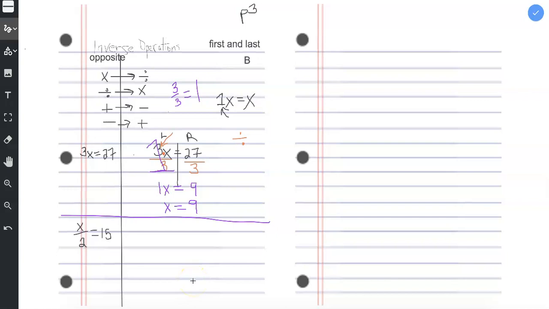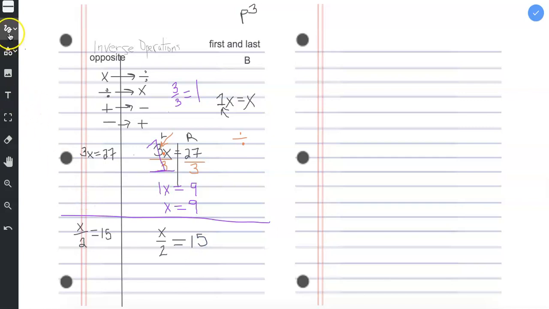Now once again, you might be able to do this in your head, but the point of your 7th grade year is to be able to show your work and solve the equation using inverse operations. So I'm going to recopy that over here on the right because I want to be able to see that original equation. You see how it kind of gets messy over here, but I can still go back to the original equation when I use Cornell notes. So x divided by 2 equals 15.